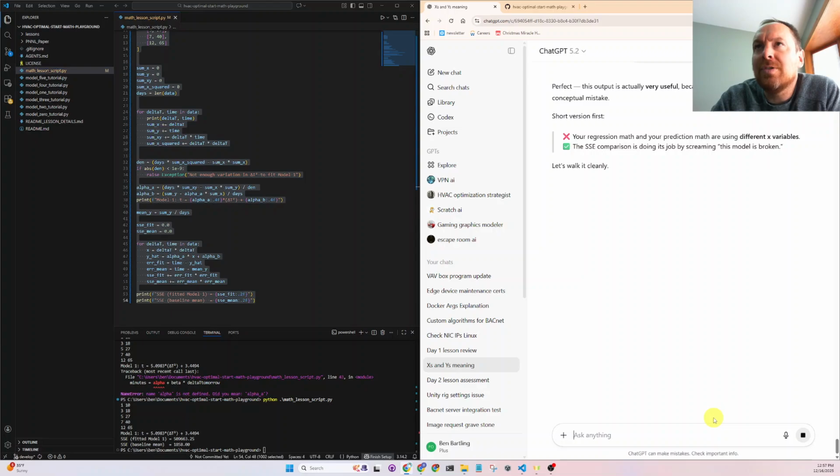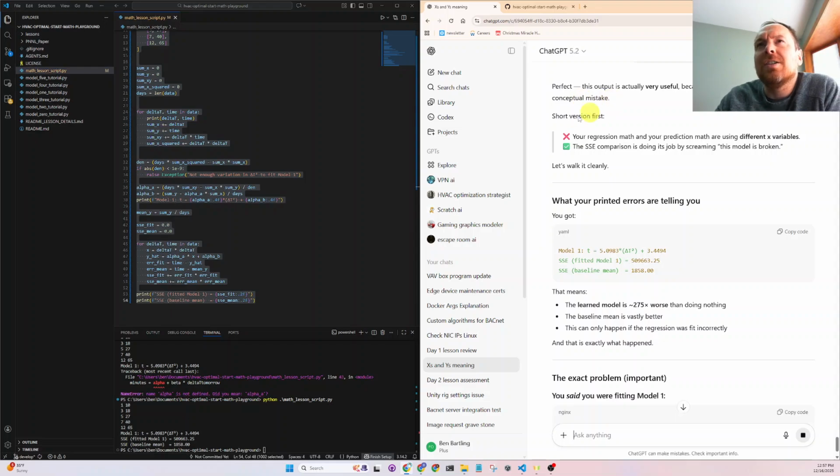Perfect. This output is actually very useful because it reveals a specific bug, not a conceptual mistake. Your regression math produced using different x variables. Oh, great. So what you're telling me is the learned model is 275x worse than doing nothing.